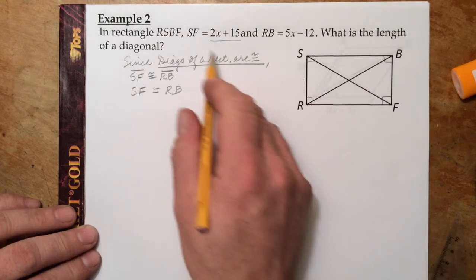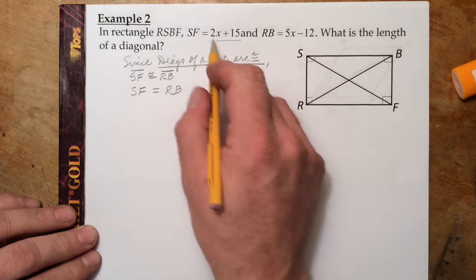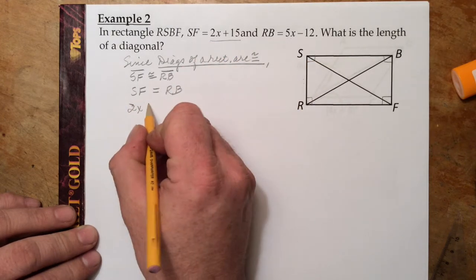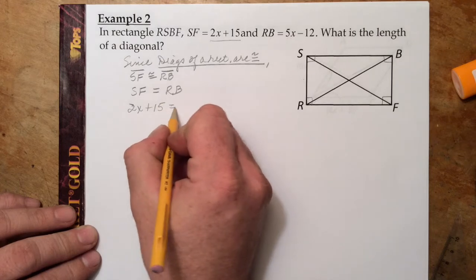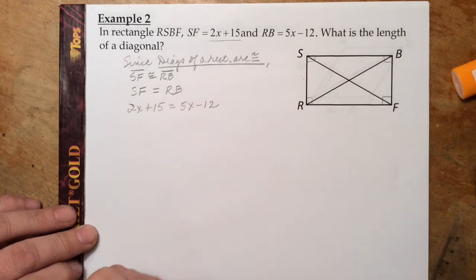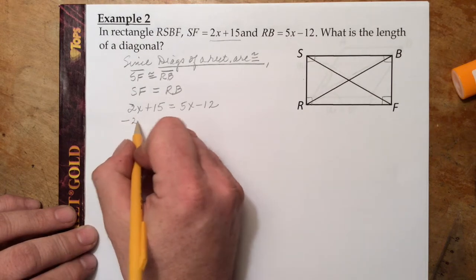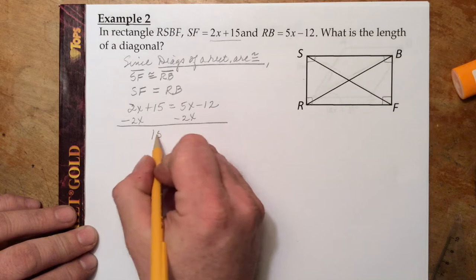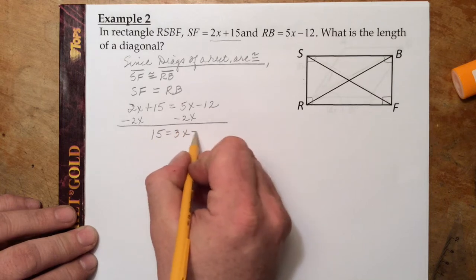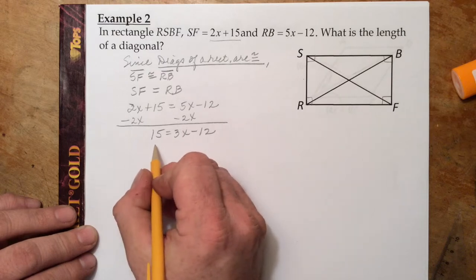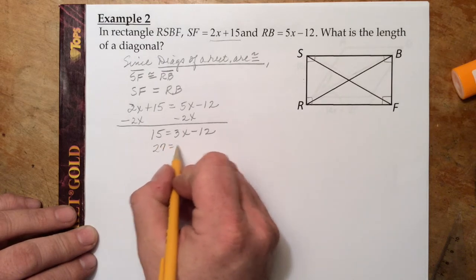And substituting in the values for SF and RB, we have SF is 2x plus 15, and that's equal to RB, which is 5x minus 12. Solving for x, we subtract 2x from both sides, and we get 15 equals 3x minus 12. Adding 12 to both sides, then we get 27 equals 3x.